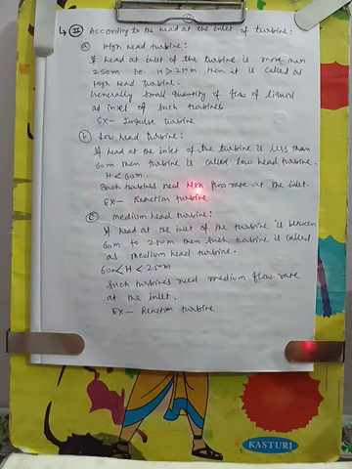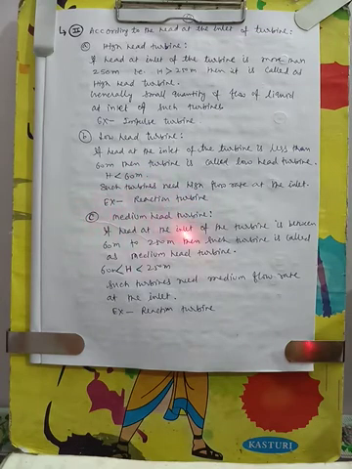Such turbines need high flow rate at the inlet. Meaning, if head is low, then we need high flow rate at the inlet. The example of such turbine is reaction turbine.